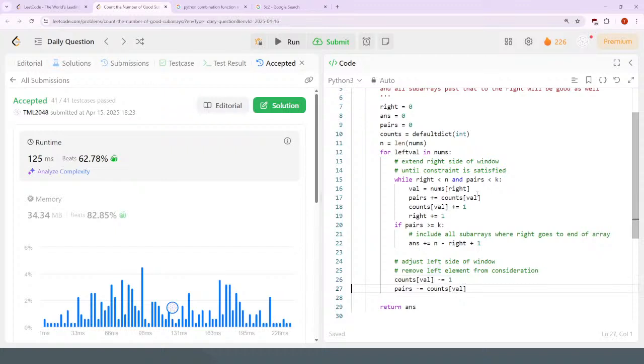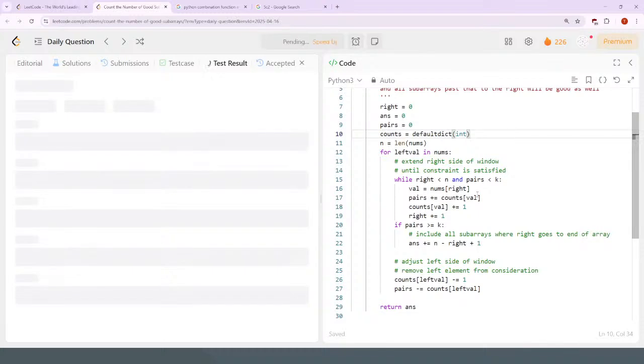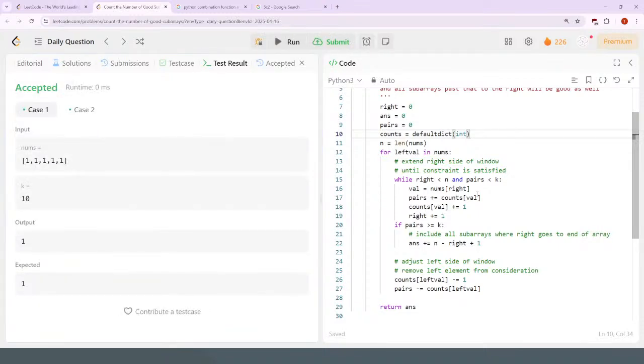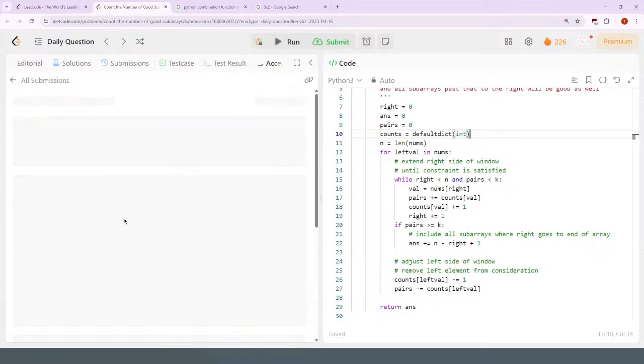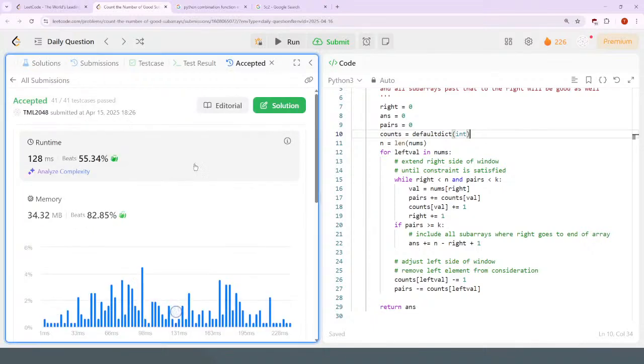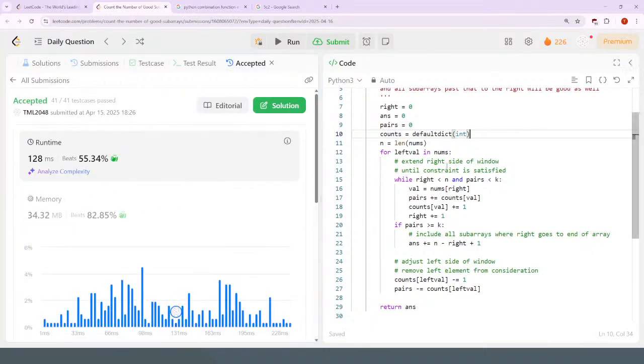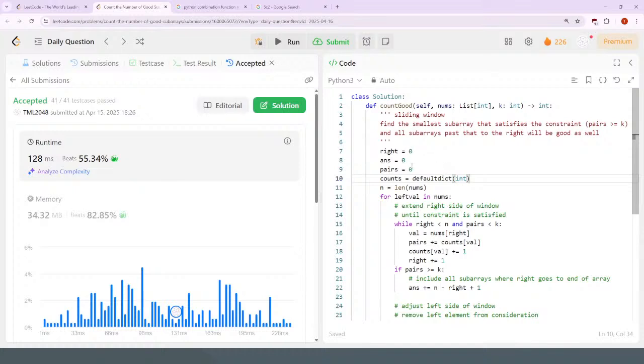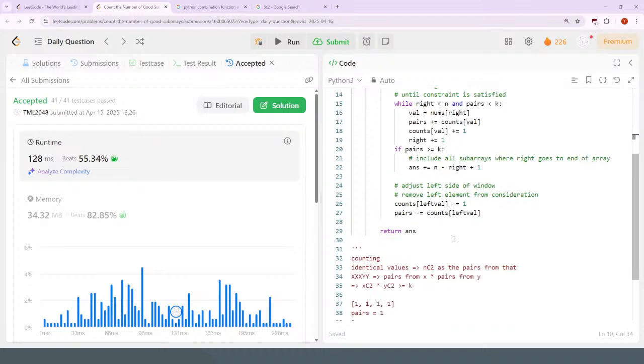So the value is just your left value. Pairs decrements by the count. You do need to know your right side index, but the left side index I don't think you care about. Huh, that made it worse. Well, whatever. Answer pairs. Okay.